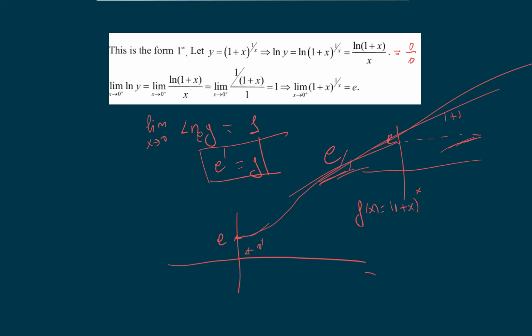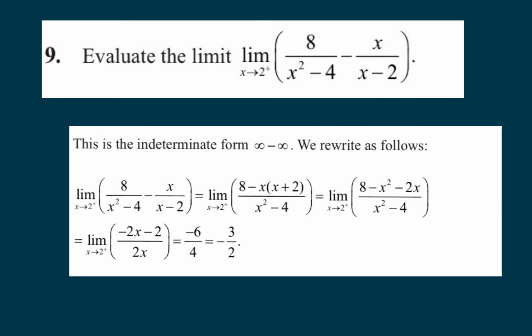Okay, let's go to the next problem. The next problem says evaluate this limit. When x goes to 2 from the right, x is a number that is bigger than 2, so x squared minus 4 is positive, and 1 divided by 0 will tend to infinity.